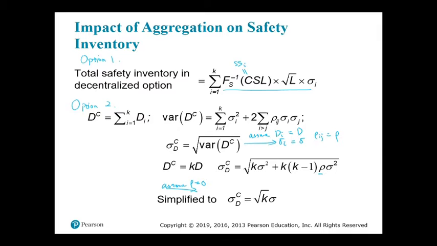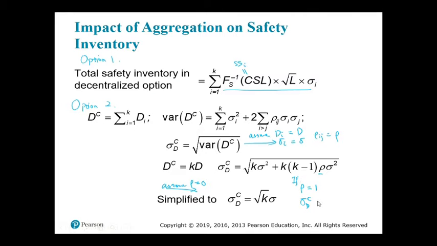Okay, so now from these equations, if demand is independent, we have this formula. What if demand is perfectly correlated? Perfectly correlated demand means that rho is equal to 1. If rho is equal to 1, what is our sigma DC?